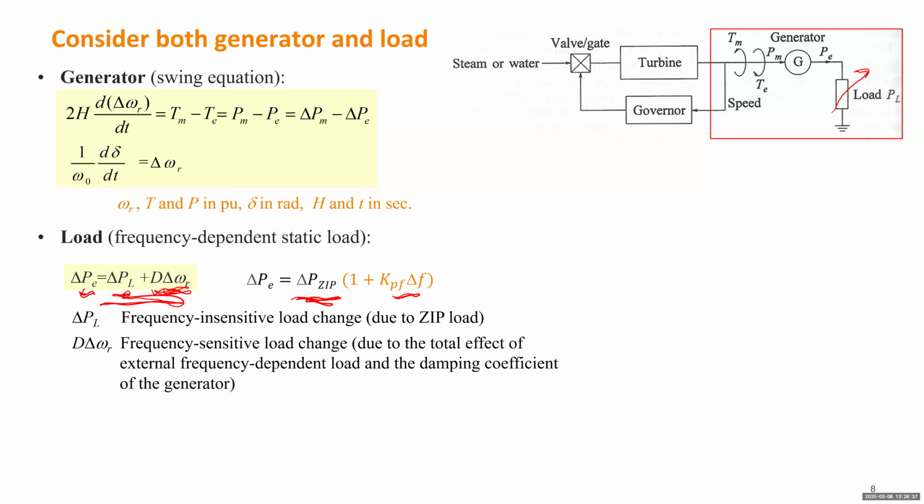If your generator has some damper winding, which can help provide some damping torque or damping power, that can be modeled here by this item. So the second item is an integrated effect of both frequency dependent load and maybe the damping effect of the generator. Both types of quantities can be modeled by a linear function changing with the frequency deviation.